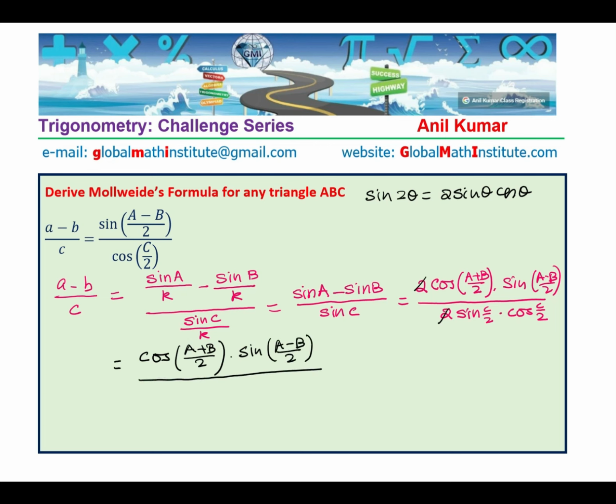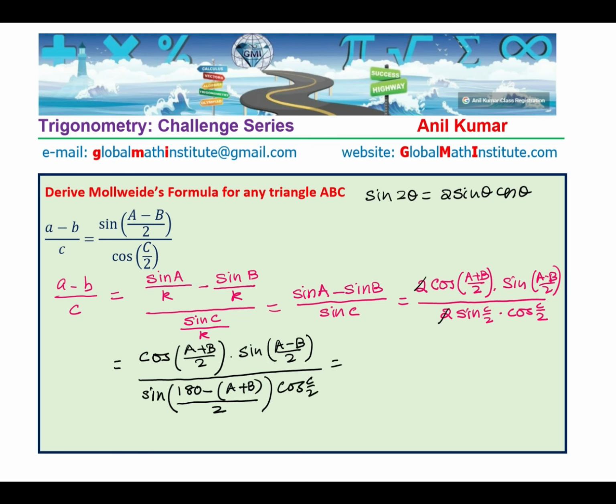And in the denominator, sine C by 2 can be written as sine of 180 minus A plus B, right, by 2 times cos C by 2.